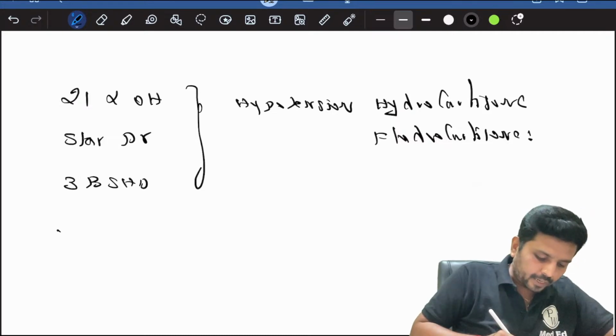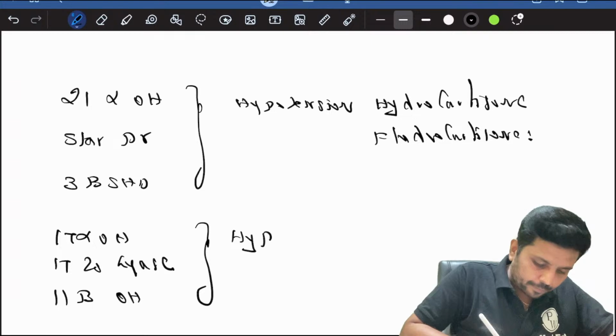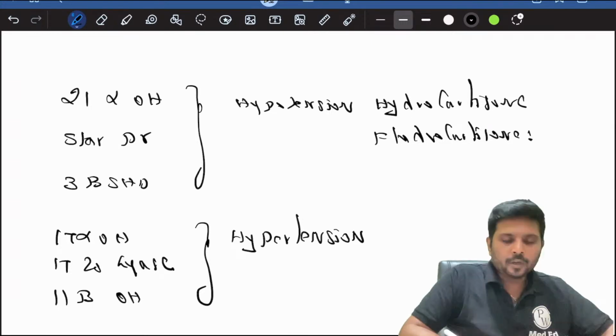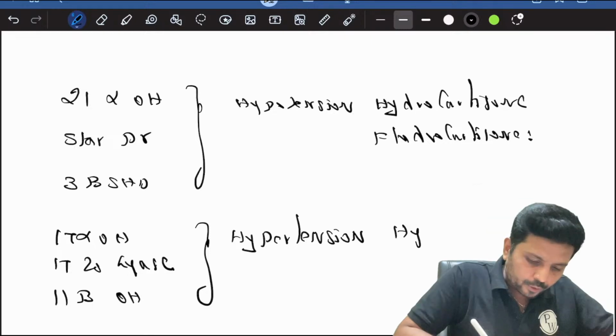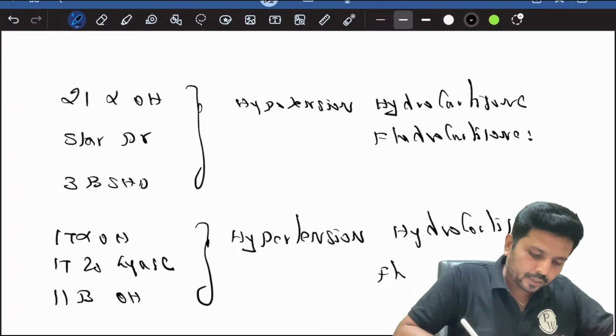Whereas in case of 17 alpha hydroxylase, 17,20 lyase, and 11 beta hydroxylase deficiency, invariably you will get hypertension. So you need to give only hydrocortisone. Fludrocortisone is not at all necessary.